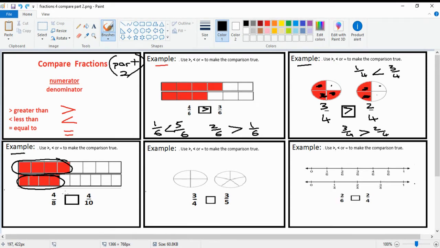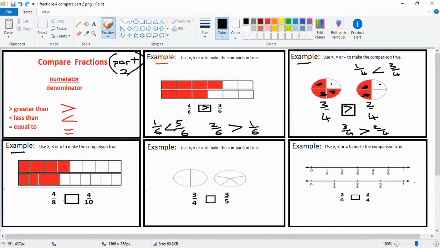When you're comparing fractions that have the same numerator, look at the denominator. You have 8 and 10. The smaller the number the denominator is, it's actually the bigger the fraction. Might seem somewhat confusing, but the smaller the number that you see here is actually the bigger the fraction.